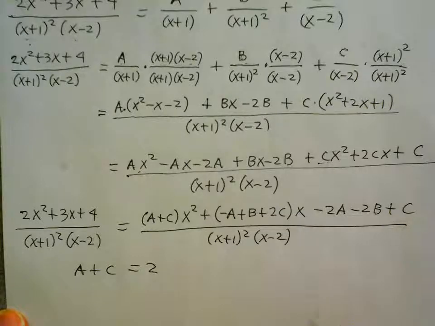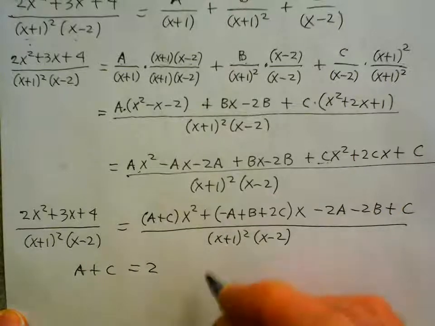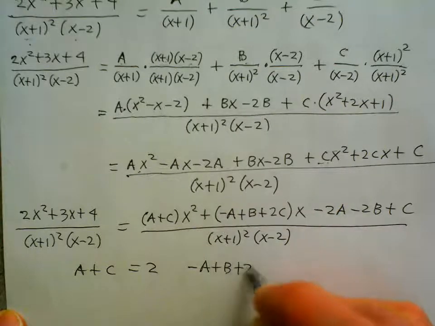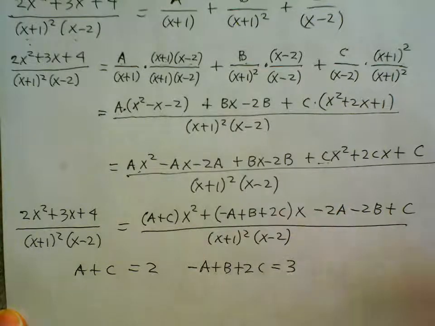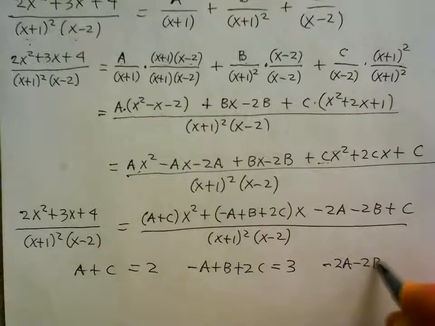On the left-hand side, the coefficient of x is 3. On the right-hand side, negative a plus b plus 2c. So negative a plus b plus 2c equals 3. And then the constant: negative 2a minus 2b plus c equals 4.